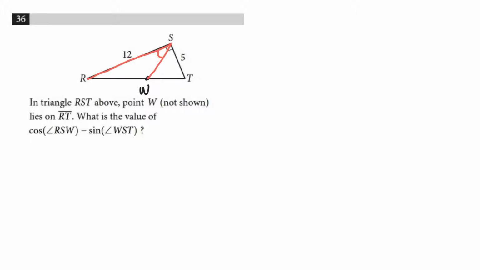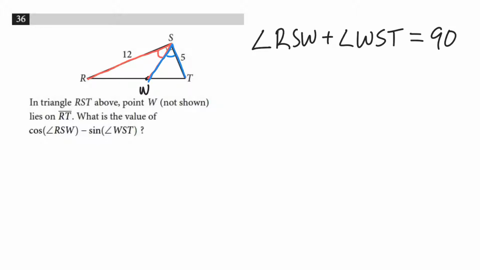And we have another angle, WST, that's going to be that angle. Well, we can see that these two angles add up to 90 degrees: angle RSW plus angle WST equals 90 degrees, so they're complementary.